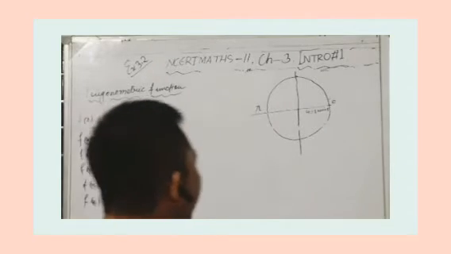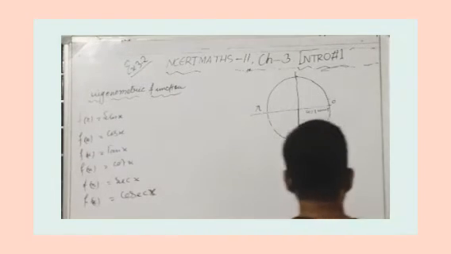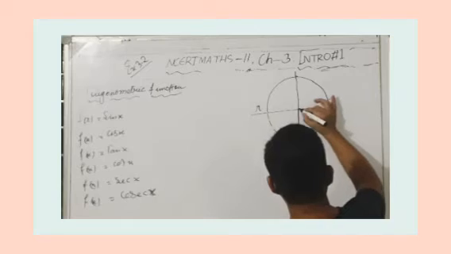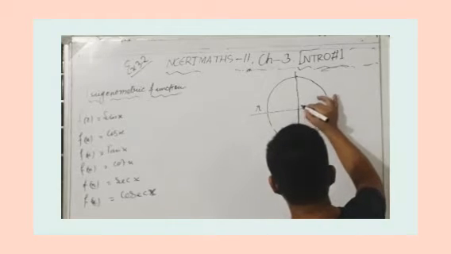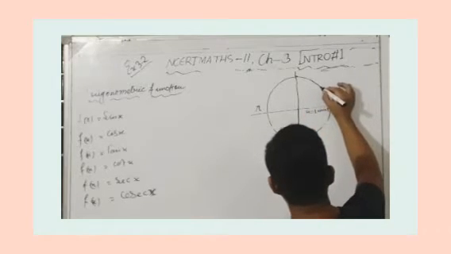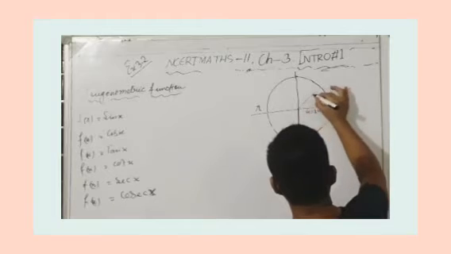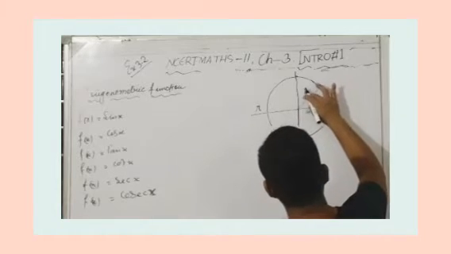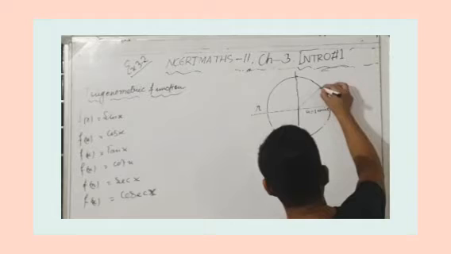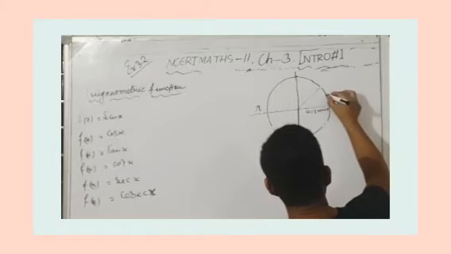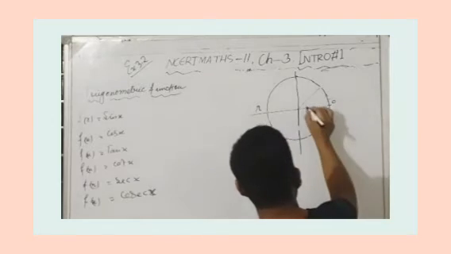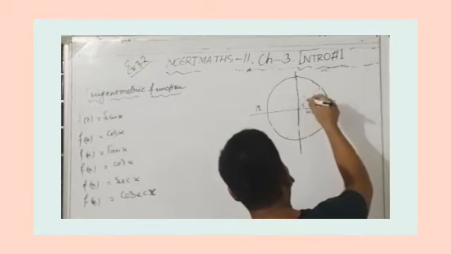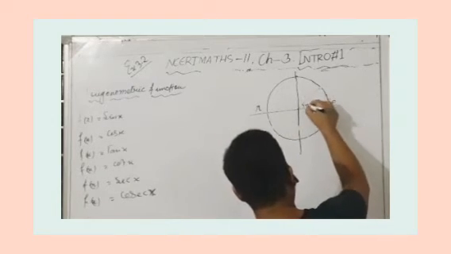Next, let us consider it. Let us take a point here. That means we are going to subtend an angle at this point, so it keeps rotating. It is subtending an angle x.